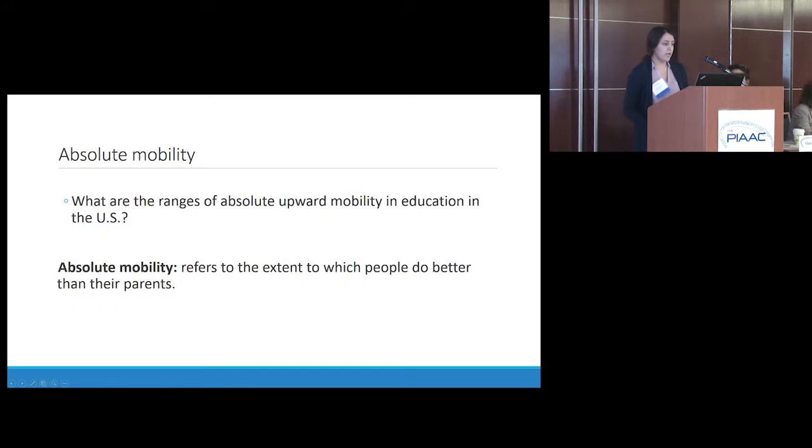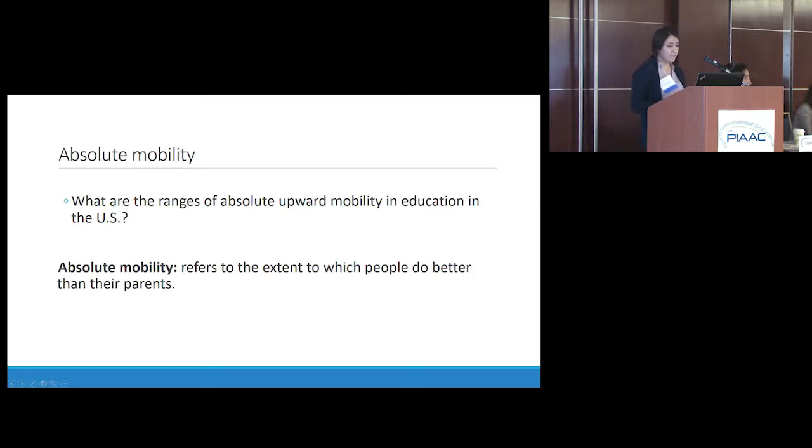More specifically, we are addressing the following research questions. The first one is, what are the ranges of absolute upward mobility in education in the US? And what do we mean by absolute mobility? Based on the literature, it refers to the extent that people do better than their parents.